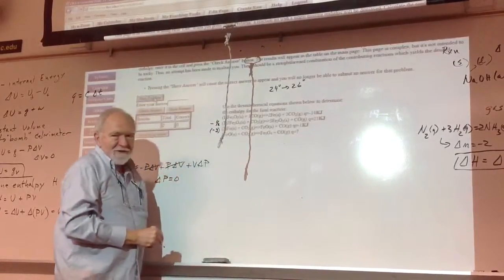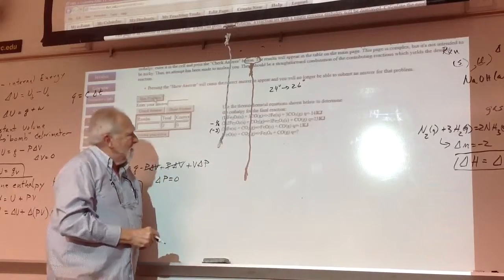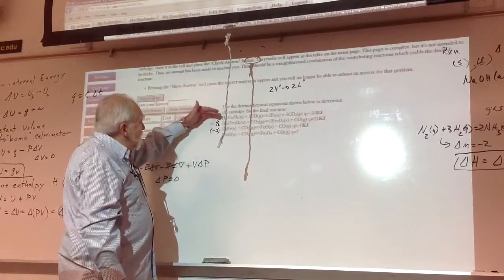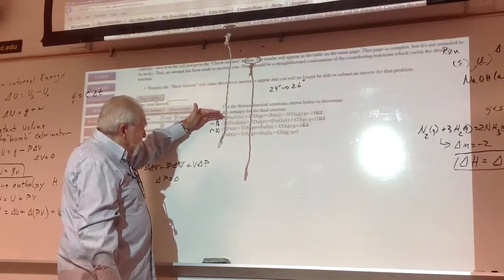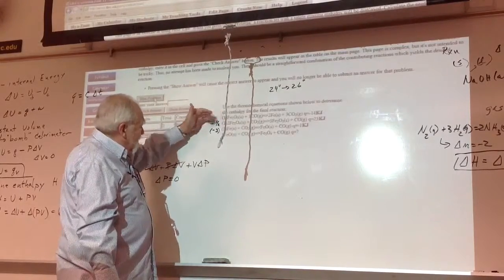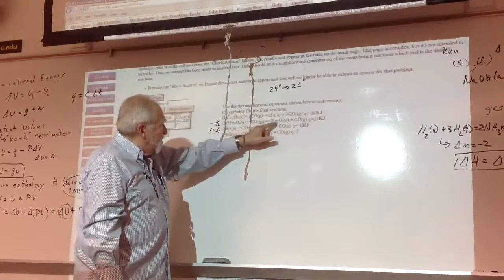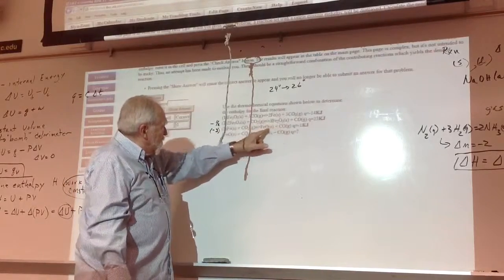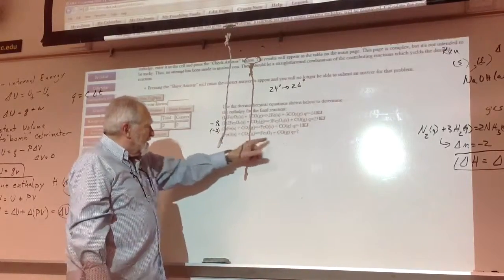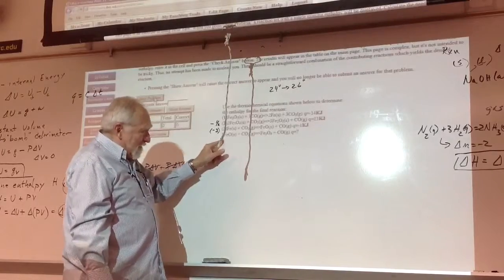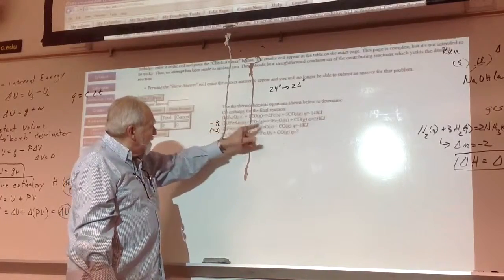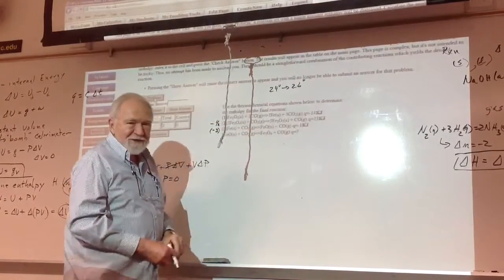Minus 1/2. And you say, do we need this upper equation? Well, if I use this equation, I have Fe2O3. There's no Fe2O3 to cancel it out here. The final equation doesn't have Fe2O3, so I have to use this one to cancel this one.